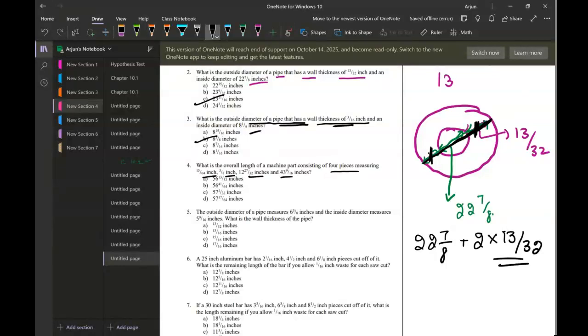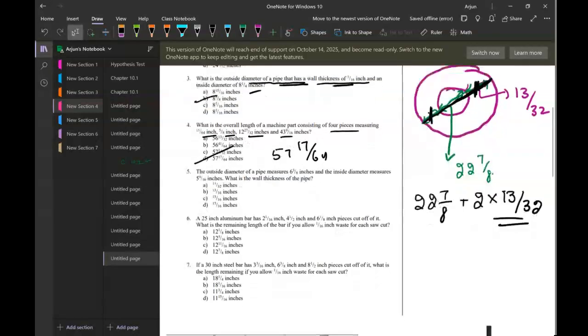Oh, let me switch on the calculator. 15 ABC 64 plus 5 ABC 8 plus 12 ABC 27 ABC 32 plus 43 ABC 9 ABC 16. That's going to give you the answer as 57 617 over 64. The answer will be fourth.